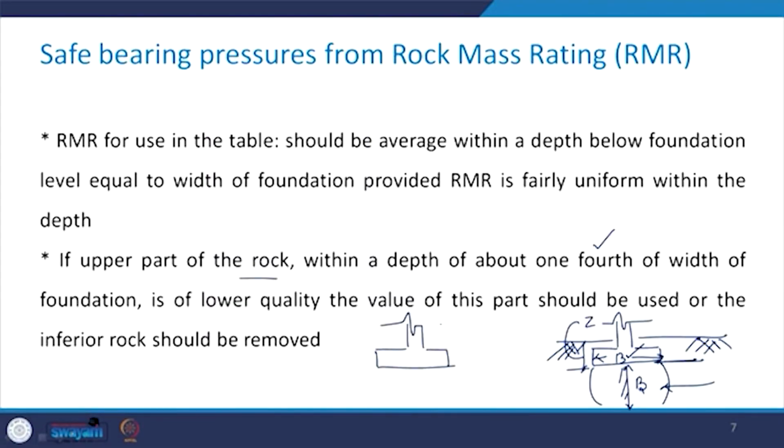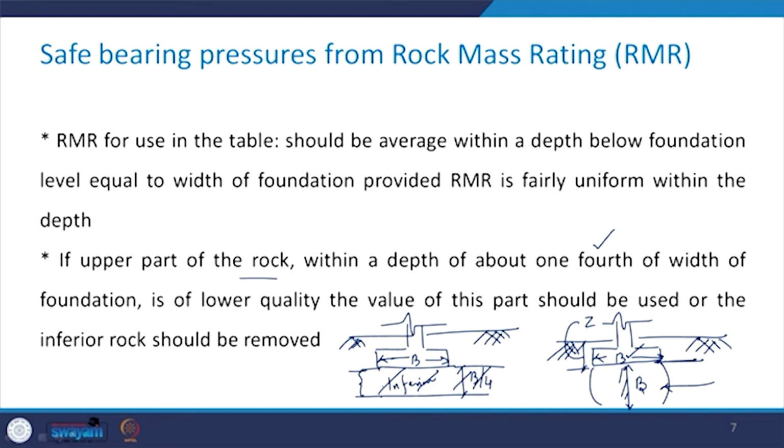If this is the footing, placed at some depth, with a width of B, then below this up to 1/4 of the width of the foundation, if this part is of inferior quality, then either you use the RMR which is relevant in this zone, or you remove this portion and then place the footing on the better quality rock.